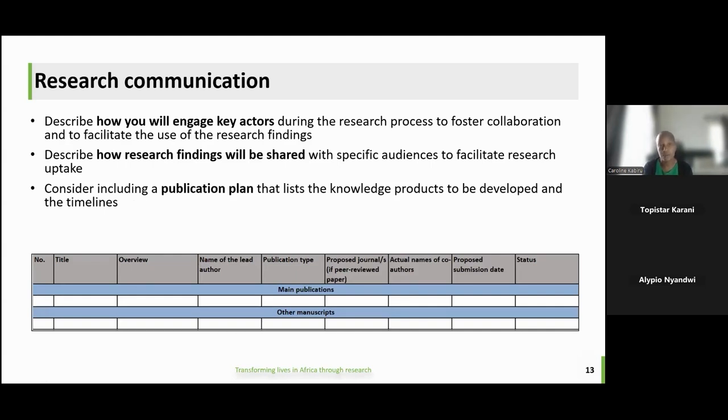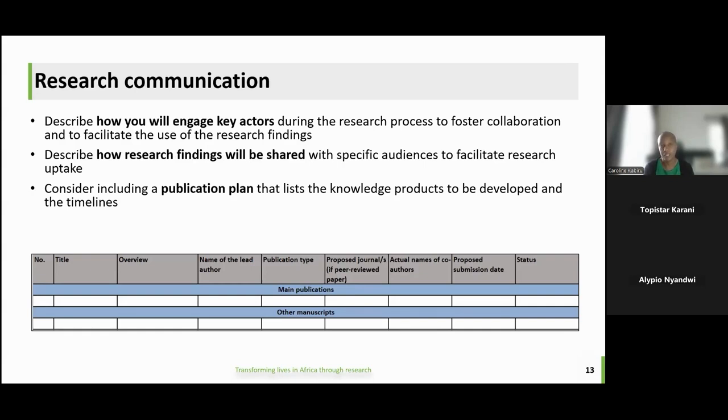And just from our experience, my experience is the earlier you engage key actors during the research process, the better. If you're really keen to see that your research is being used, either for developing other research programs, for developing intervention programs, perhaps informing policy, the earlier you involve key actors, the more open they are when you actually share the findings.